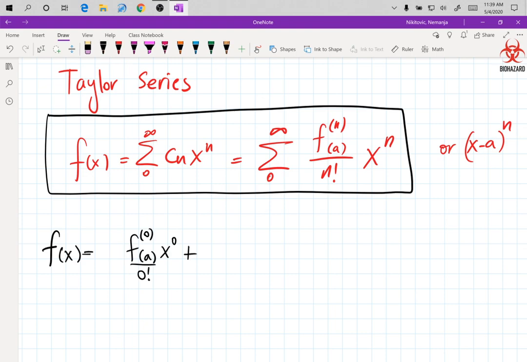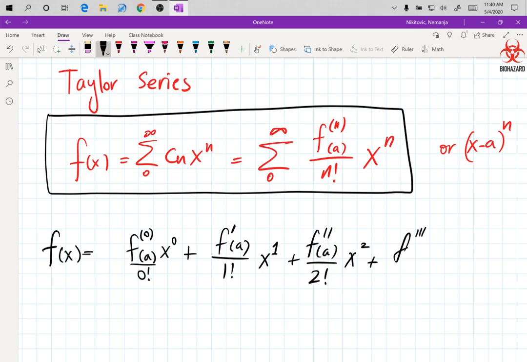I don't need C0, I'm writing the coefficients down. Then the first derivative, we can just put the prime, divided by 1 factorial, x to the 1, plus the second derivative computed at a, over 2 factorial, x squared, plus, I have to use the proper way of writing this, and that's a prime on the f.